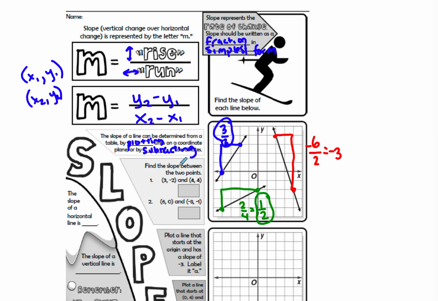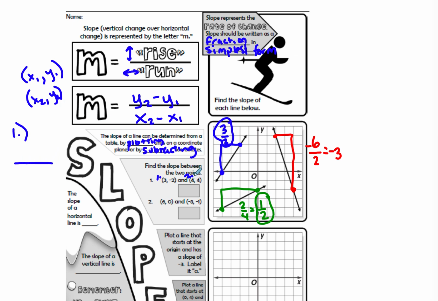All right, find the slope between the 2 points. I'm going to do my work off to the side where I have a little bit more space. Okay, so I'm just going to do problem number 1 over here. So I have 3 and negative 2 as my first ordered pair, and I have 4 and 4 as my second. Now it doesn't really matter which one's first and which one's second, but you have to be consistent when you set up your fraction.